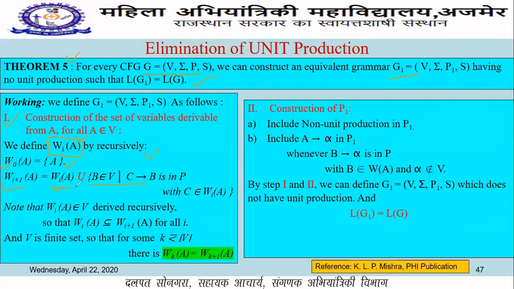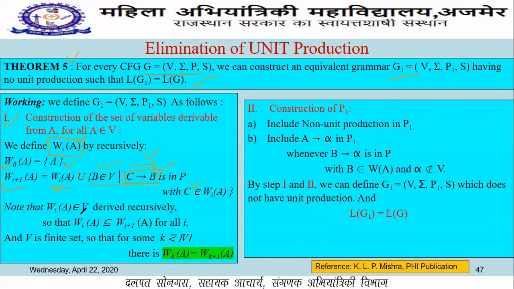Suppose C is a variable which belongs to the previously calculated set of derivable variables, and C derives a variable B, and we have a production like this in our grammar G, then we include this B also in this set, and after taking the union of both we get the next set of variables which is derived from the variable A.